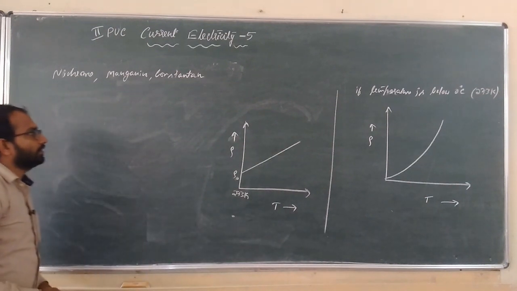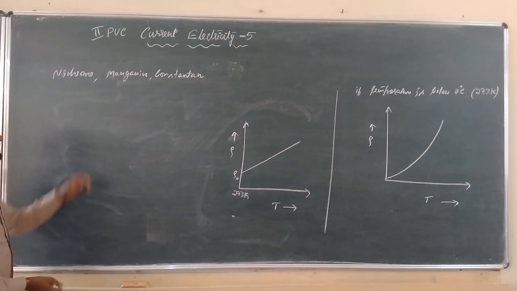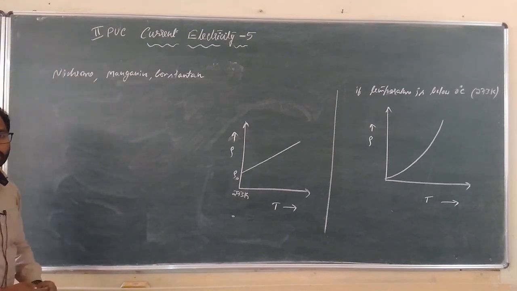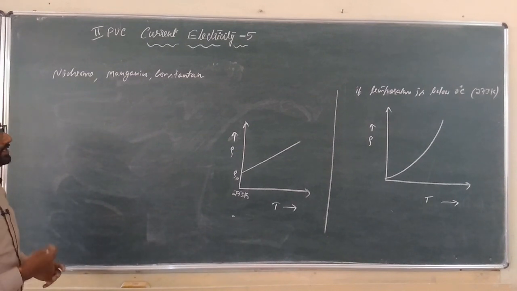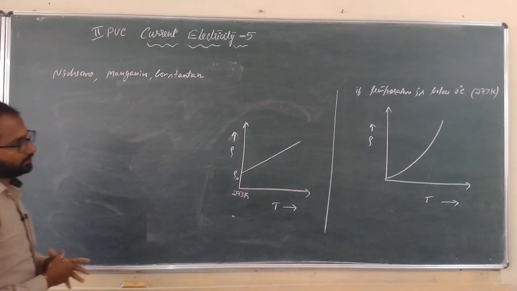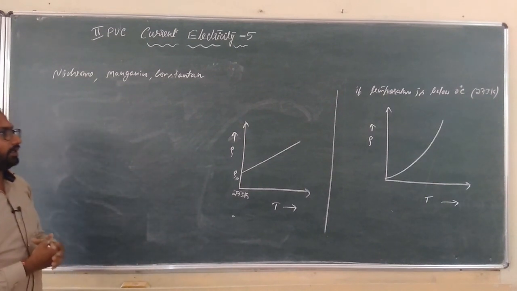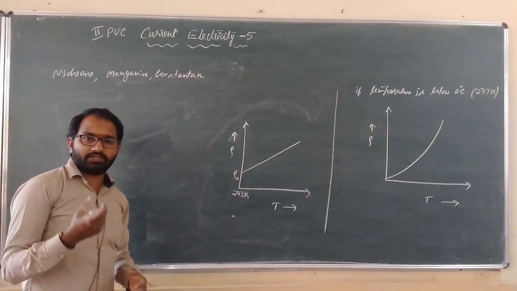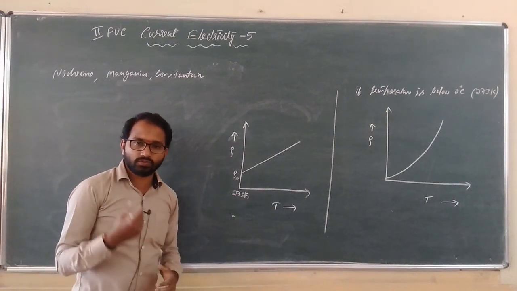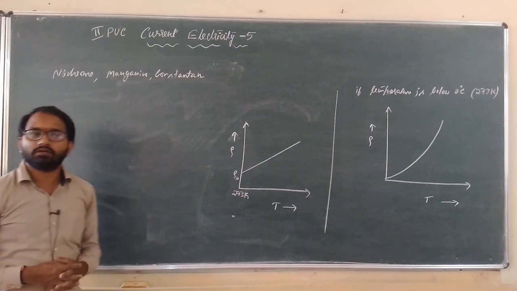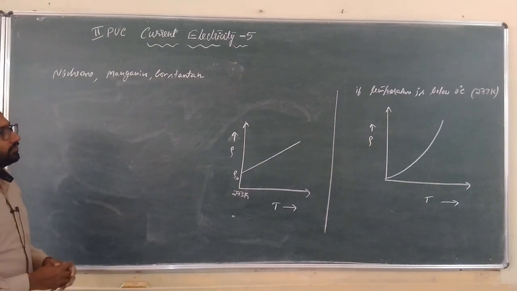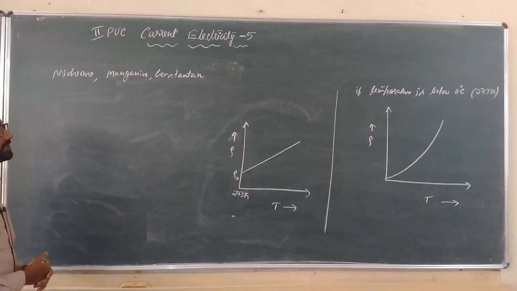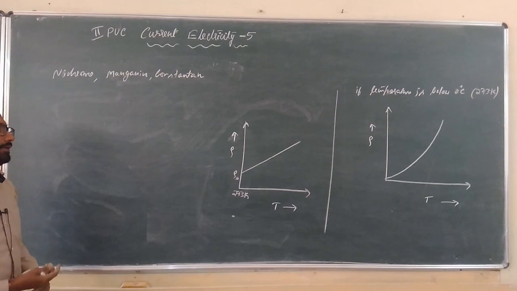Therefore, the change in the value of resistivity with respect to temperature is not significant; it is very small. So these materials are used in wire bound resistors. A resistor is a device or component which is used to limit the current in a circuit. In wire bound resistors, these materials are used since their resistivity is not much dependent on temperature.